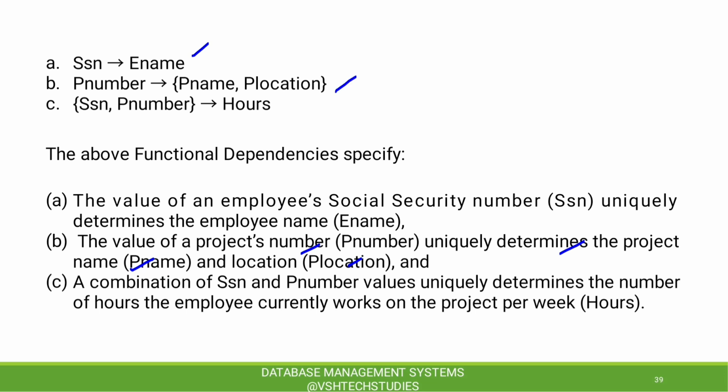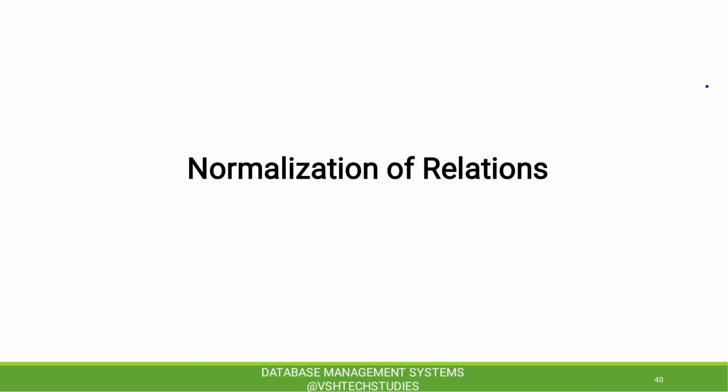That is this functional dependency. Next, a combination of SSN and P number values uniquely determines the number of hours the employee currently works on the project per week. That is this functional dependency.